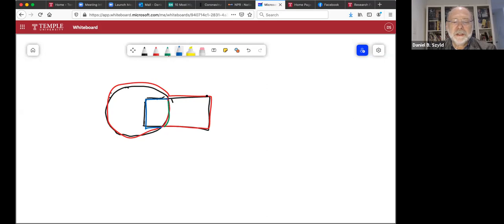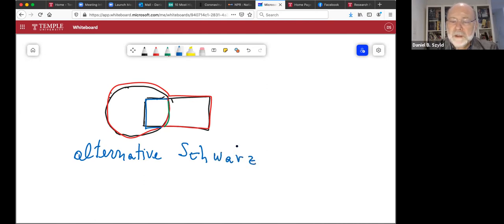And then I can solve it on the right. And then he proved that if you iterate this so-called alternating Schwarz, then there is a unique solution on the union.